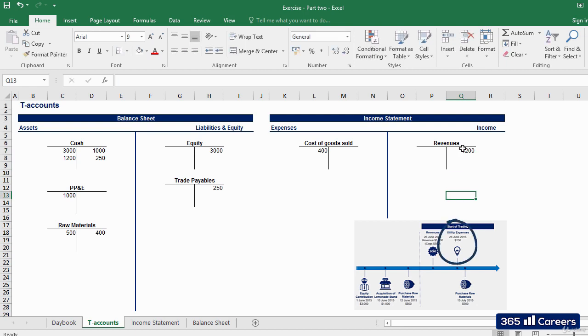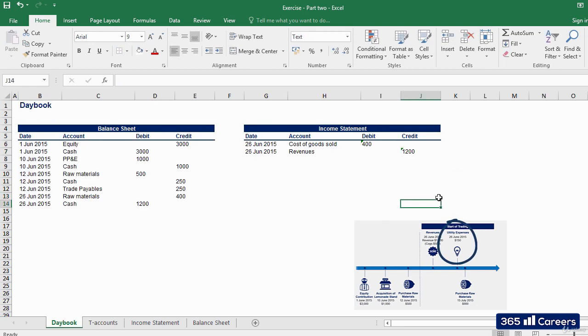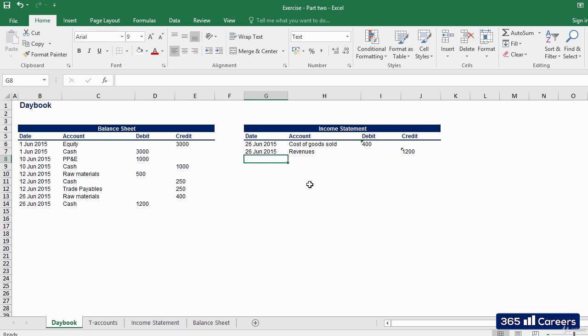On the 26th of June, the two friends received utility bills worth $150 that were related to their electricity and water consumption. They paid the bills on the same day. Let's register the transaction in our daybook. Utility expenses are something that is strictly related to the financial period under consideration and should not be capitalized on the balance sheet.